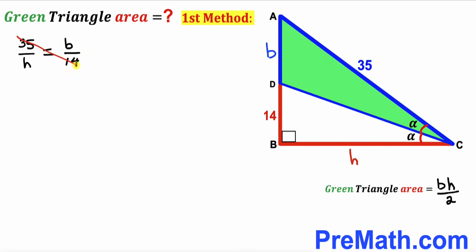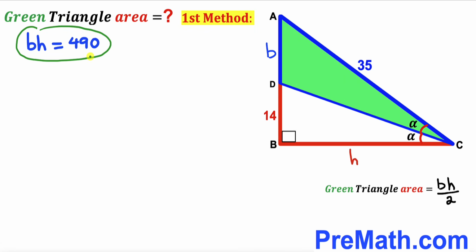Now we are going to cross multiply. So we get b times h equals, when we multiply 35 and 14, 490. Thus our b times h value turns out to be 490.